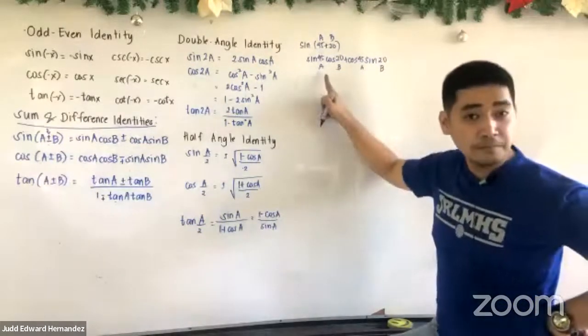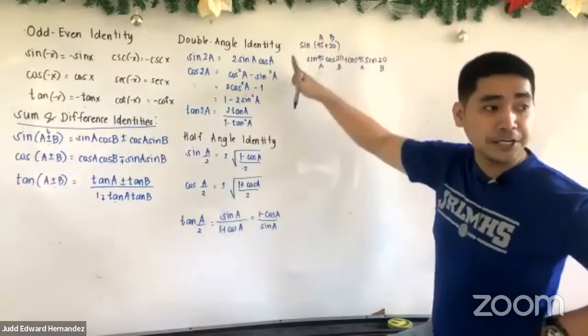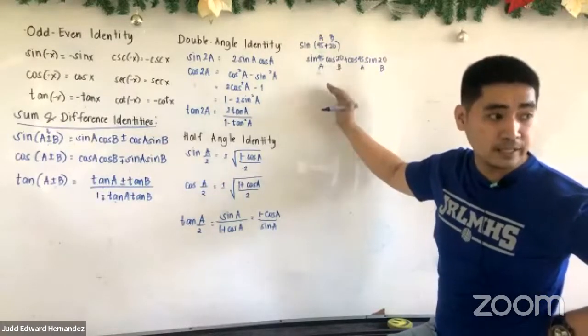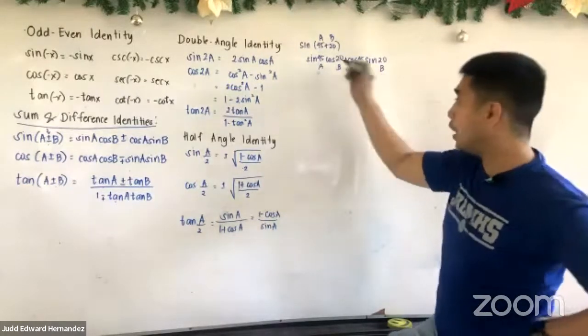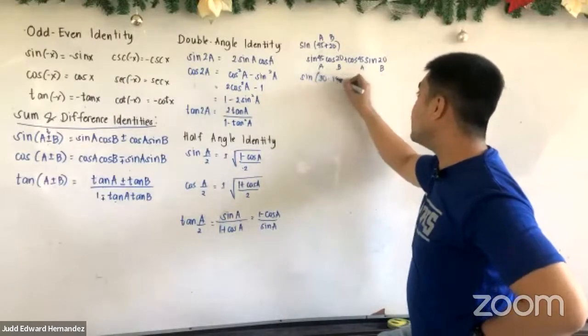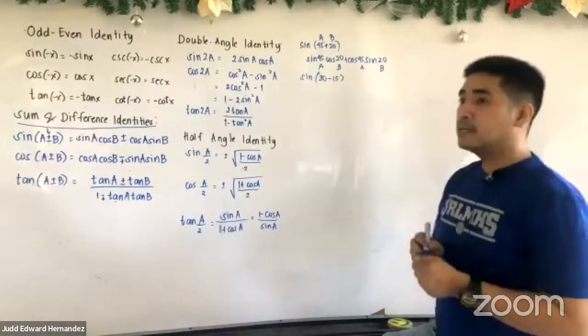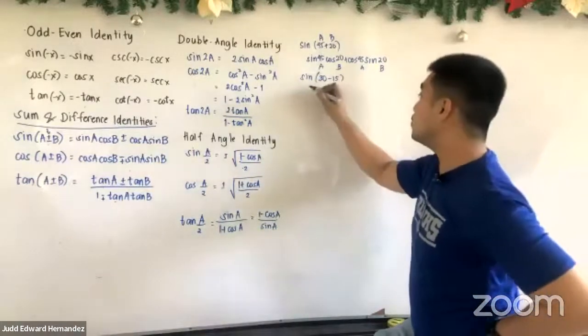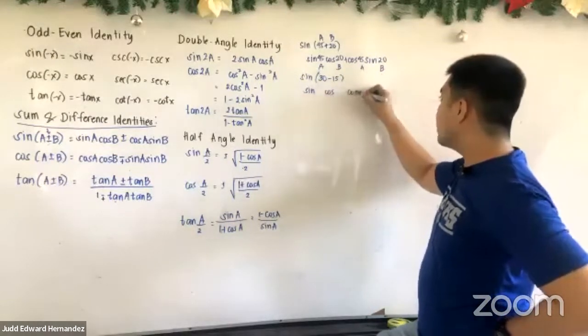Maliwanag po ito? This is the expansion po. Is this clear? Mamaya na natin siya i-evaluate. Are we clear with this expansion? Yes or no? Yes po. I am given sine 30 minus 15. How do we expand sine 30 minus 15? It also takes the form of sin, cos, sin.